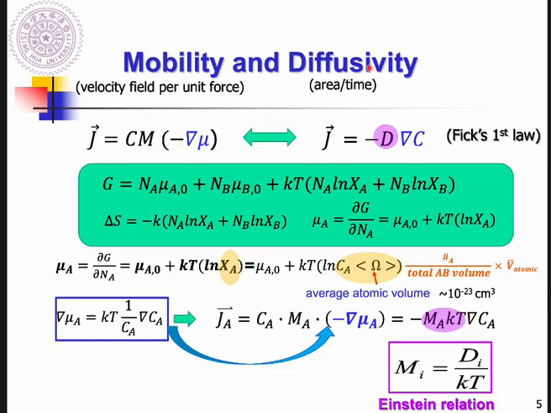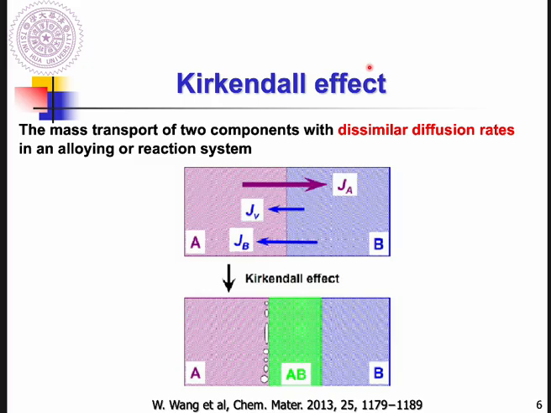I'm going to introduce a quite famous interdiffusion phenomenon, which we call the Kirkendall effect. This is an application of interdiffusion. Interdiffusion means we have an AB diffusion couple, with A bonded to B materials.